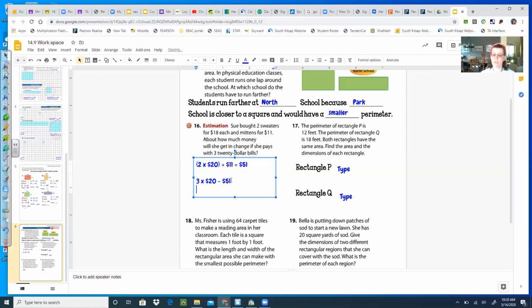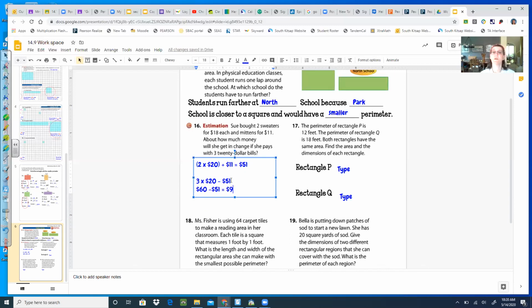Okay, 3 times 20 is $60. And now I need to minus the $51. And that is $9. Now, remember, you have to show your work. I don't want to just see $9 on your paper. I mean, hello, I typed it out for you. All you're doing is looking and going, ooh, yeah, I understand the process that she went through.